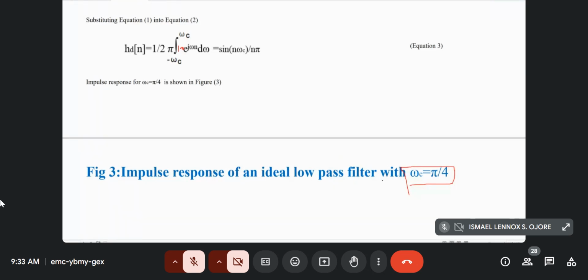As I said, normally omega c will be given between 0 and pi, because in this omega c we use the normalized angular frequency. It's not 2 pi f, it's 2 pi f over the sampling frequency.